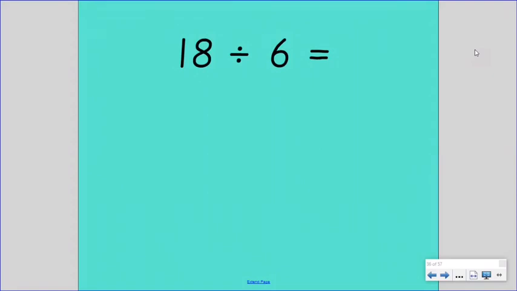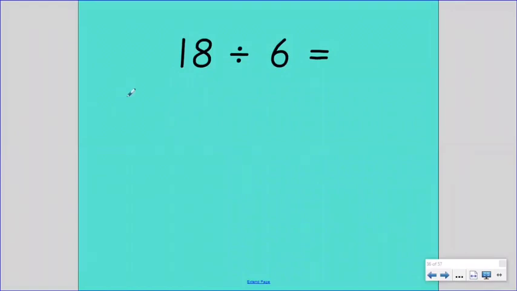18 is the total number that we're dividing, and 6 is the number we are dividing by. So we're going to be grouping 18 into 6s. Groups of 6. So get ready to create some groups of 6 until we get to 18.